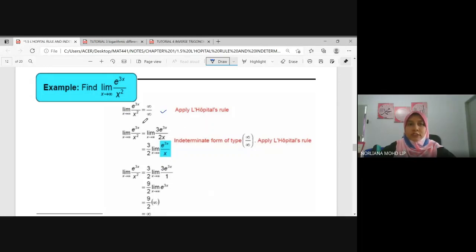We differentiate the numerator, so we get 3e to the power 3x over, differentiating the denominator, 2x. Then we can bring this coefficient 3 over 2 in front. Then we find the limit of e to the power 3x over x. Also, we get this limit equal to infinity over infinity.